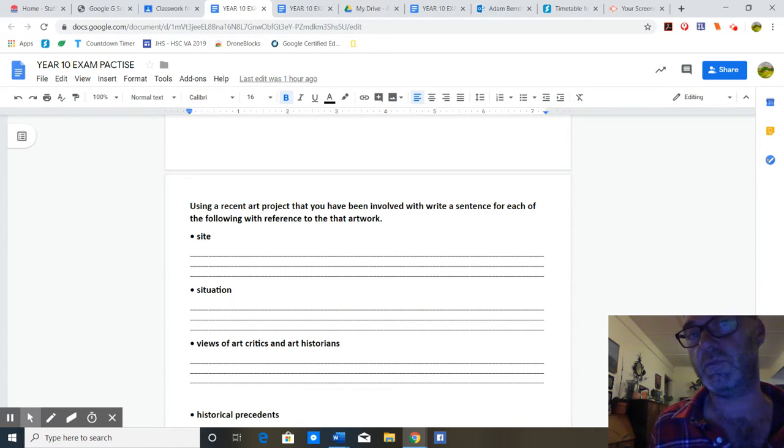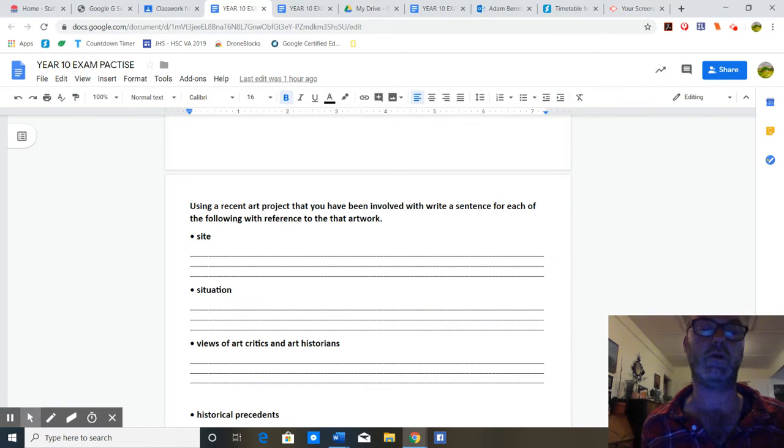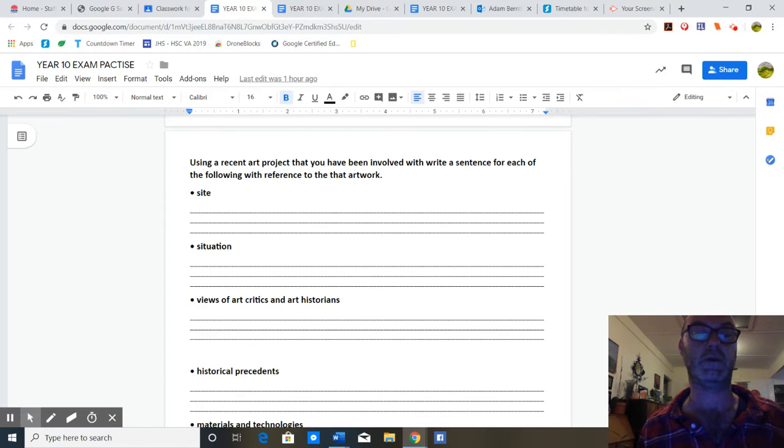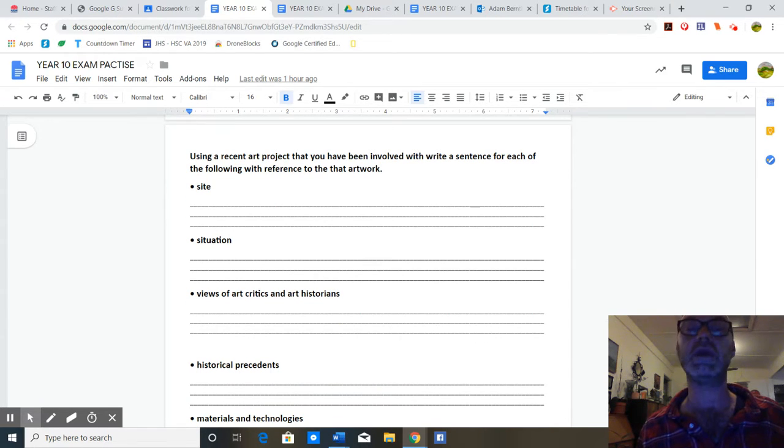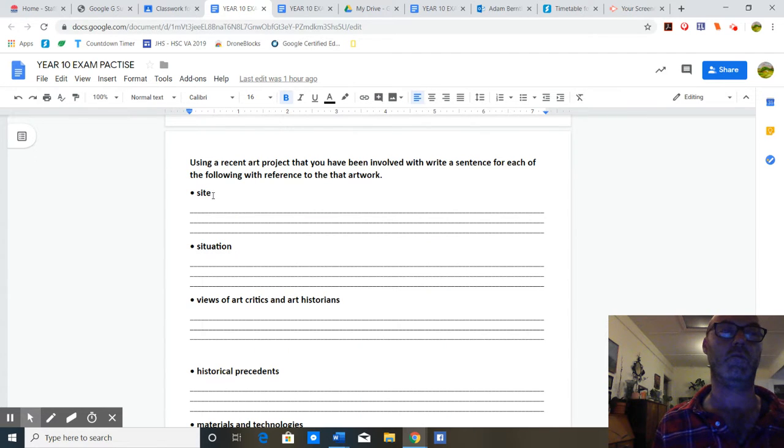For those of you that haven't been so involved with the project throughout the term, this is where you're going to struggle to get the best answer. So thinking of that project, where is it? What is there about the site?